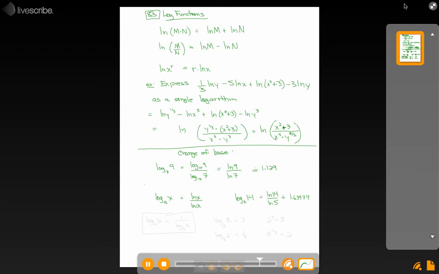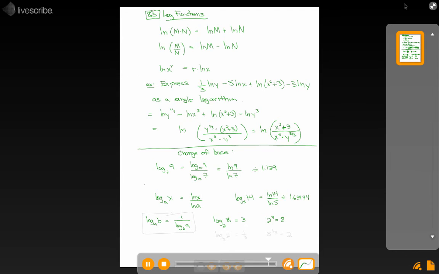Another interesting little log rule that we didn't really use in Math 30 but can turn out useful is this: if you have log base a of b, it's the reciprocal of log base b of a. That seems weird, but let's do it with some numbers that make sense to us. If I have log base 2 of 8, the answer is 3, because 2 to the 3 equals 8.